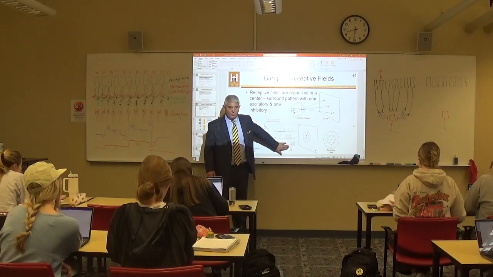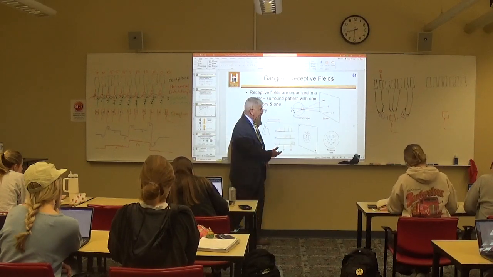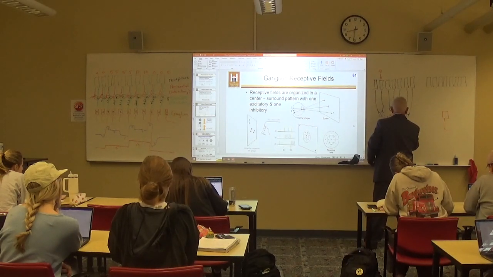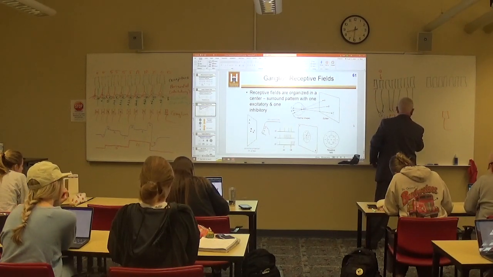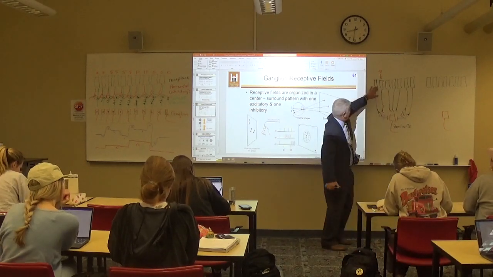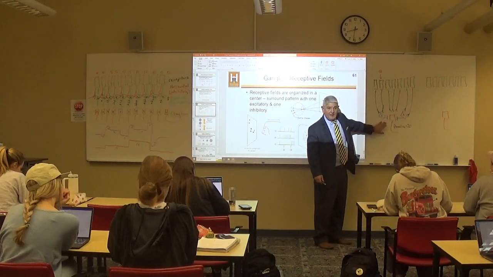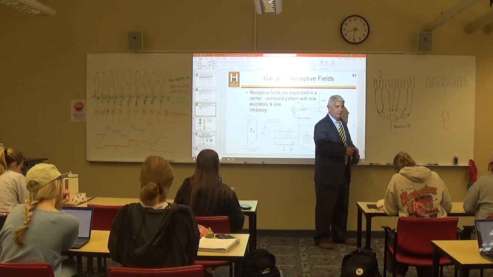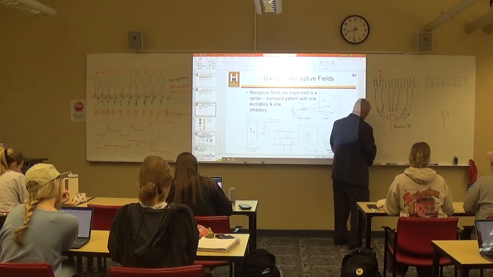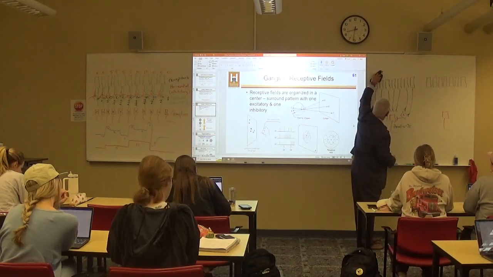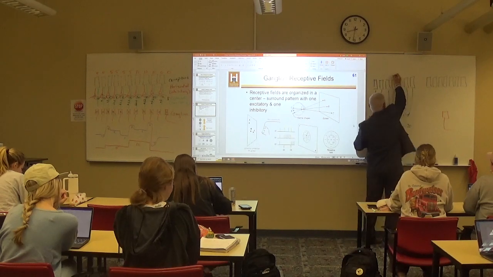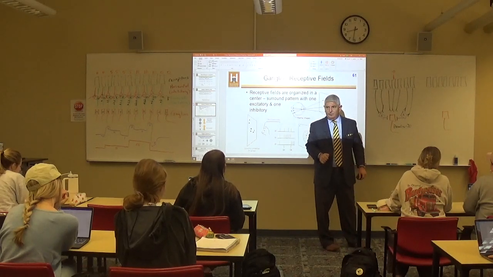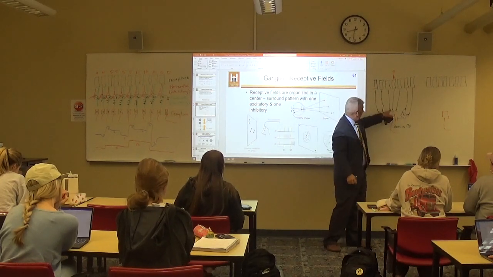Right? So say the baseline firing rate of this neuron is 20, right? And we have 8 here, -8 here, what's the output going to be? 12, right? Okay. Now, what if we have 8 here? What is the fire rate going to be? 28.